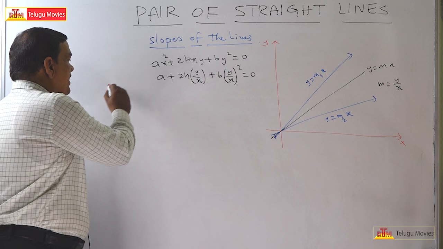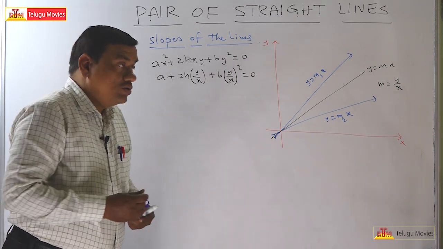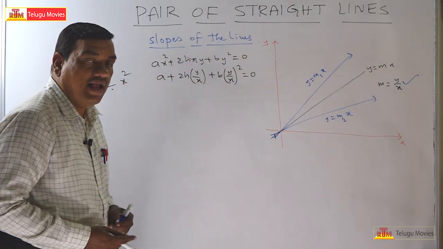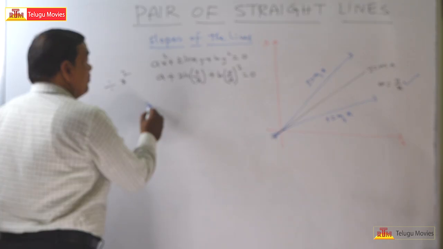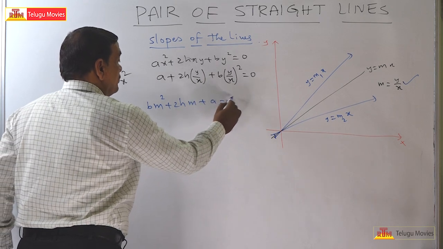So what I am doing here is dividing by x square on both sides. Here m is equal to y by x, so wherever y by x is there, substitute m. So you will get bm square plus 2hm plus a is equal to 0.